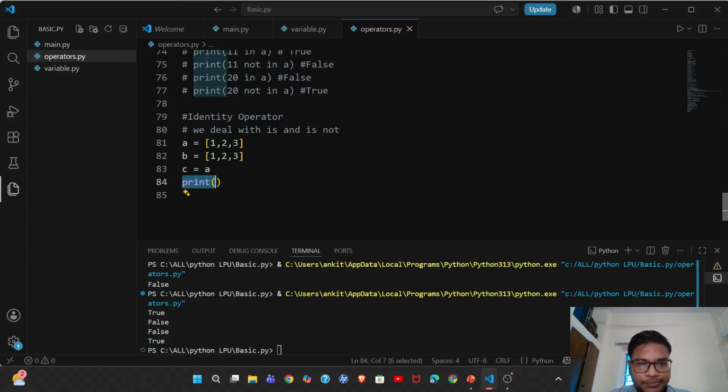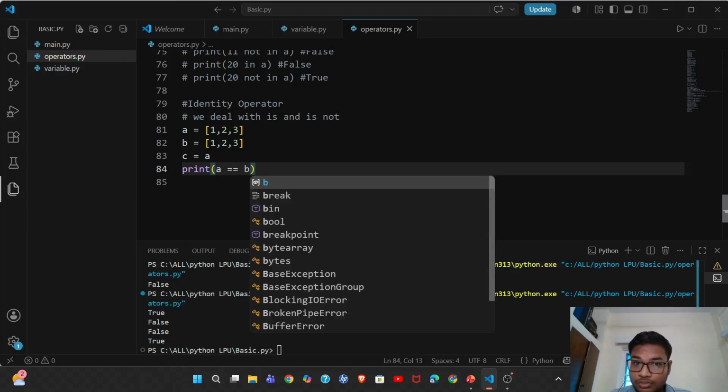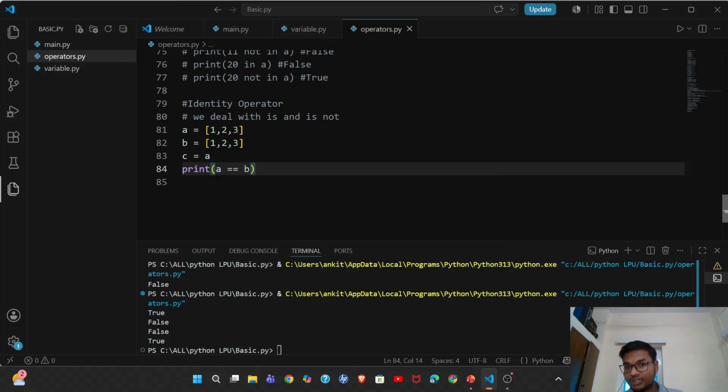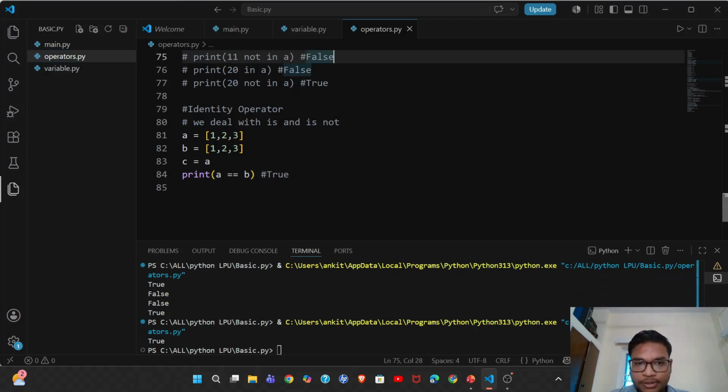Now print A equal to B. That's the comparison operator, and with the help of the comparison operator, we deal with the value. This gives us true. Run. True, correct.